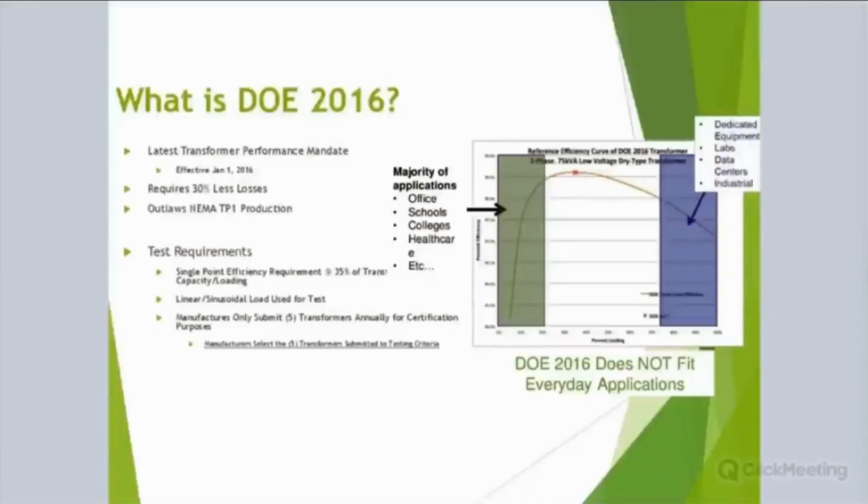So Department of Energy 2016 became effective January 1 of 2016. And what happened is the Department of Energy realized that transformers were a major energy loss within facilities.